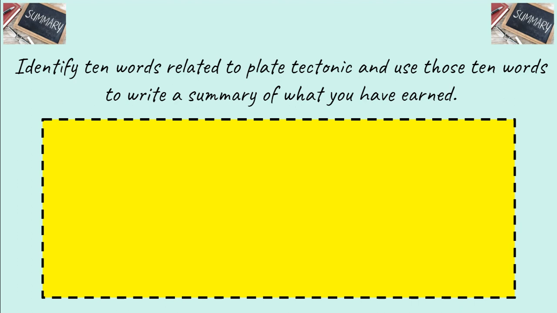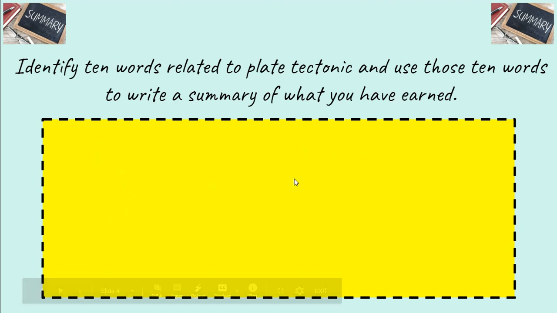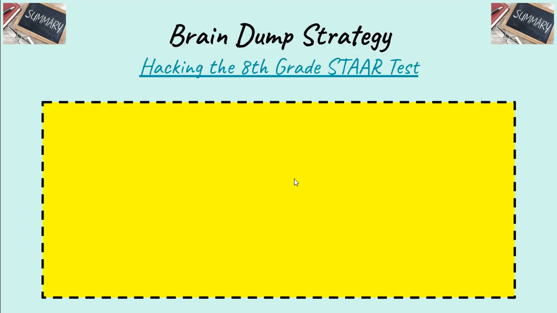You can talk about subduction, mountains, earthquakes, trenches, etc. And just write a brief summary of what you learned using those words. You don't have to use all 10 words in your summary. Just list words that come to mind and summarize for me what you've learned in plate tectonics.